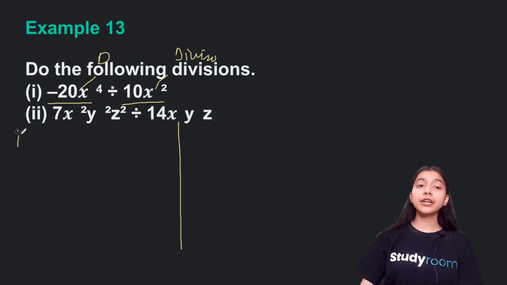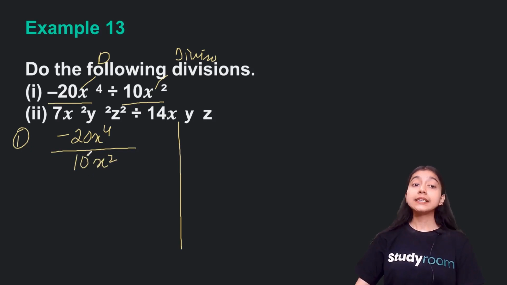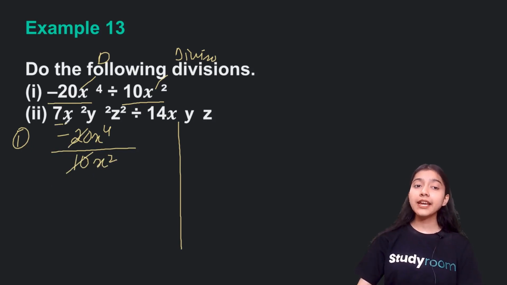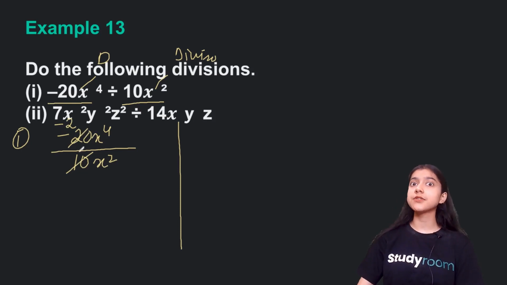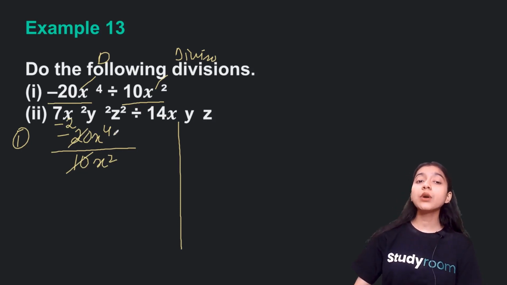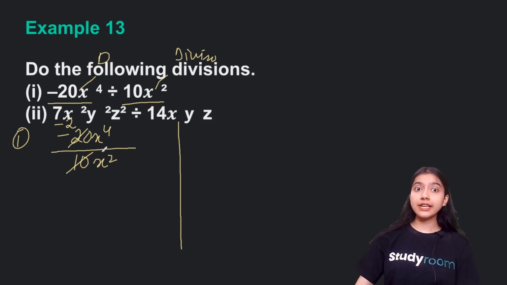The first problem that we have is minus 20x to the power 4. Now it is getting divided, so I can write it this way, divided by 10 times x squared. Now this 10 will get cancelled with minus 20, leaving behind minus 2, isn't it? 10 times minus 2 gives us minus 20. Now what about x squared and x to the power 4?